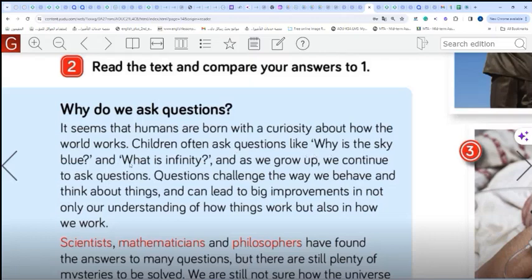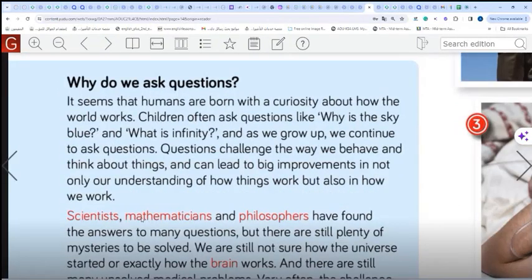And what is infinity? And as we grow up, we continue to ask questions that challenge the way we behave and think about things, and can lead to big improvements in not only our understanding of how things work, but also in how we work.